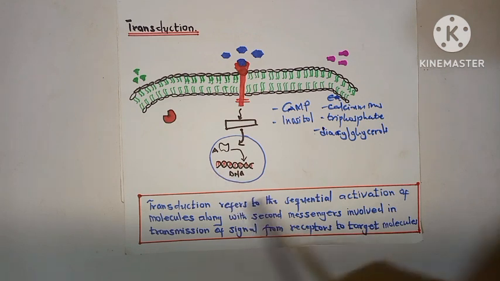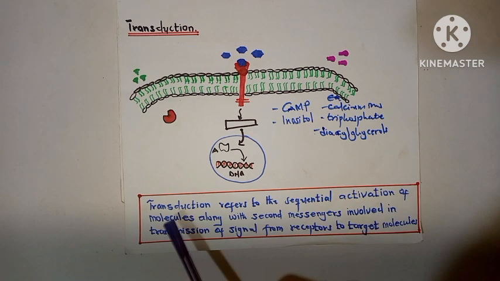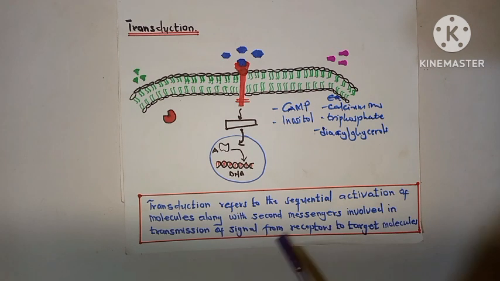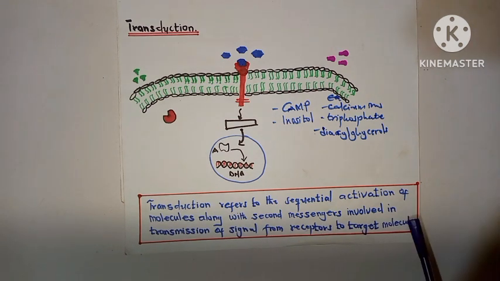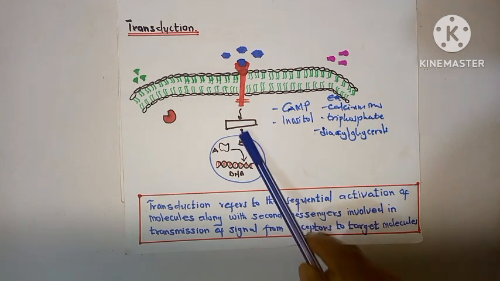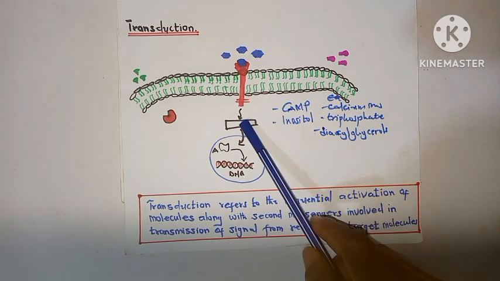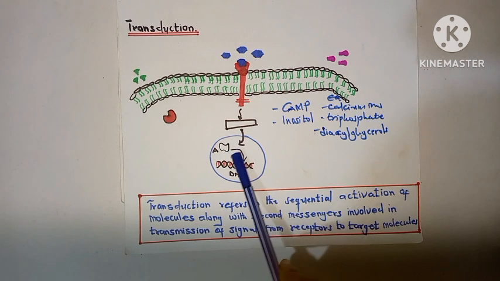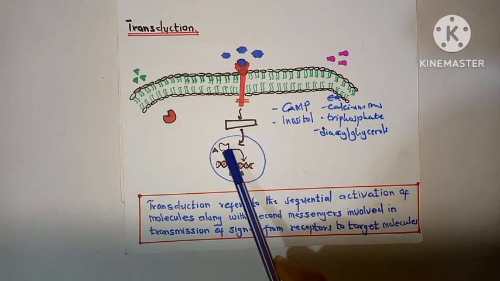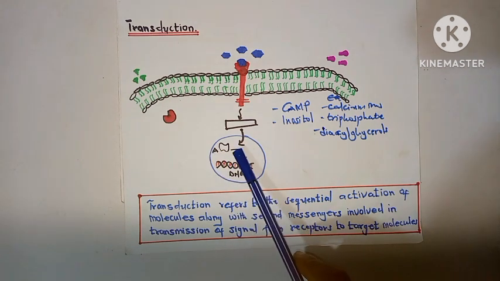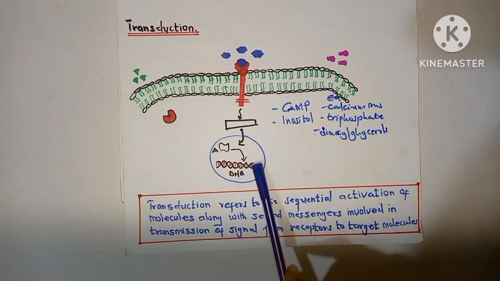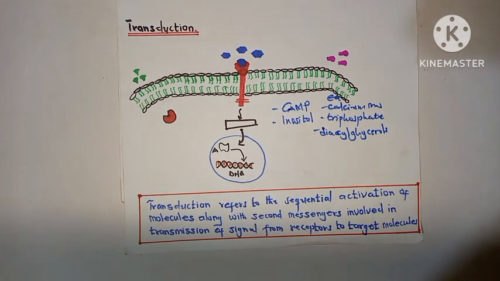So signal transduction refers to the sequential activation of molecules along with second messengers involved in transmission of signals from the receptor to the target molecules. The second messengers receive the signal and transmit it to the target molecule, which is found somewhere here where the arrow is pointing.